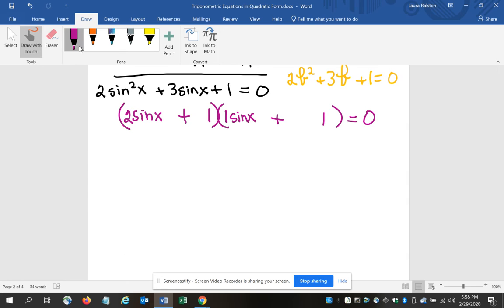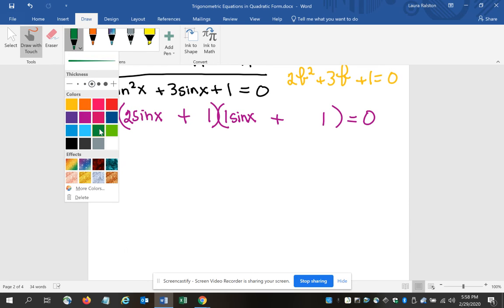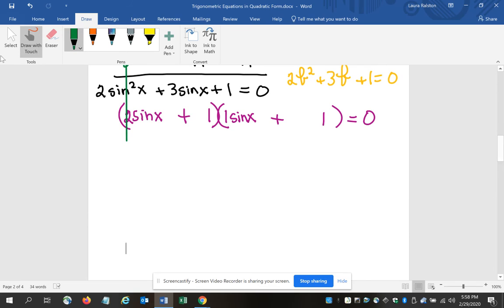So I know that one of those pieces, either 2 sine x plus 1 equals 0, or sine x plus 1 equals 0.